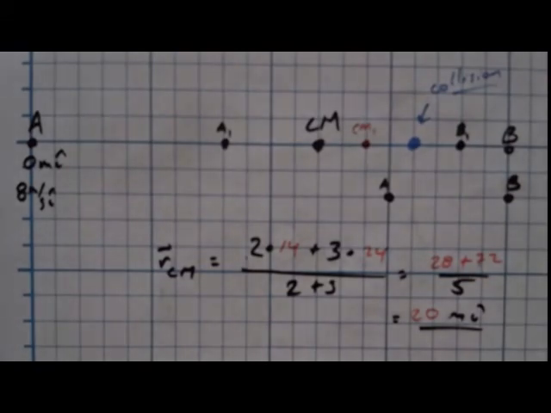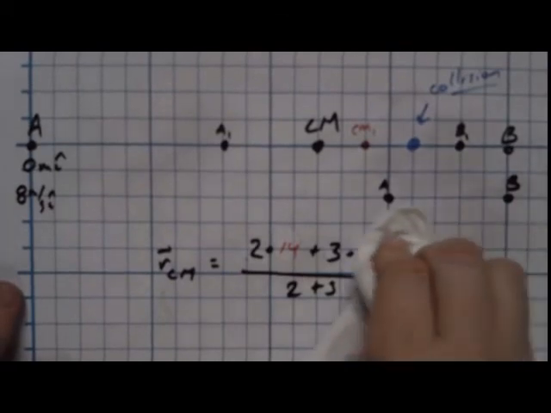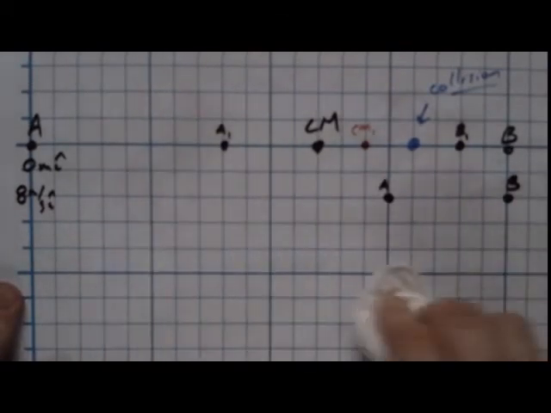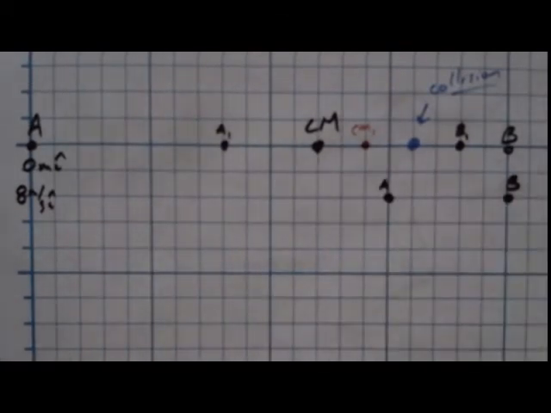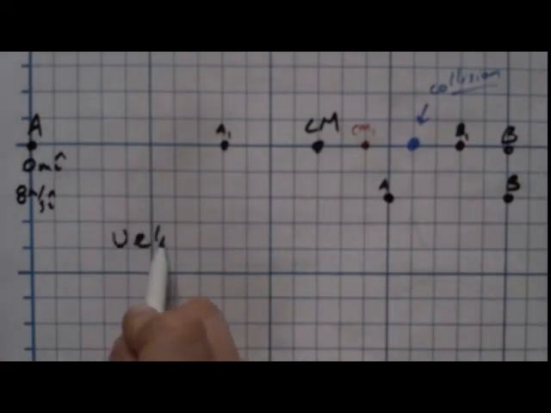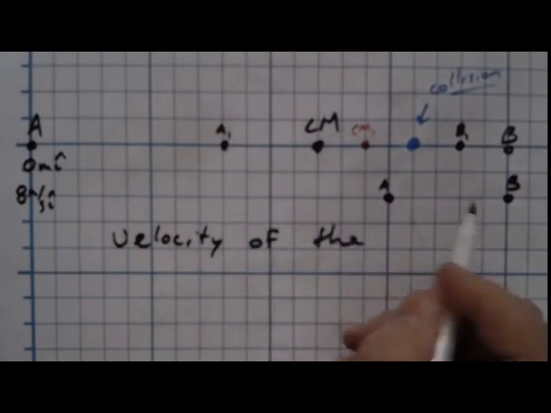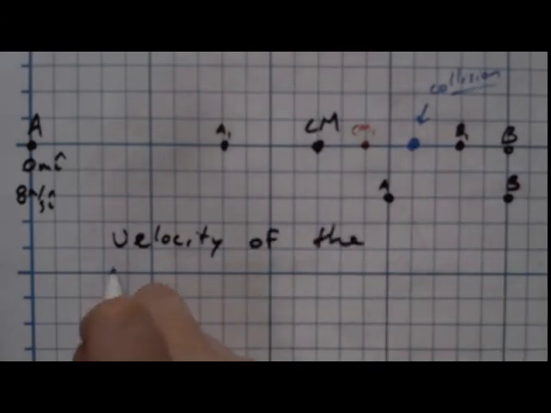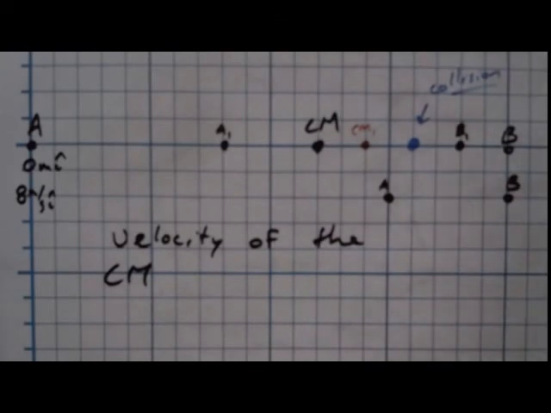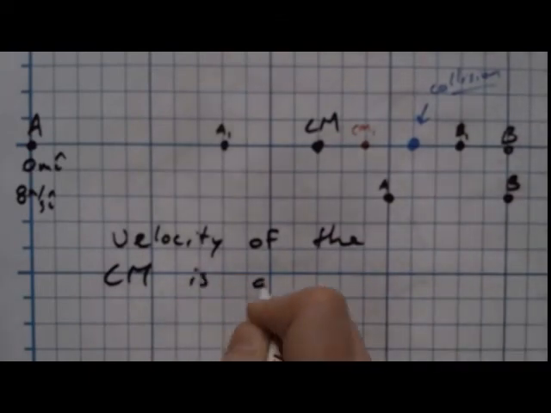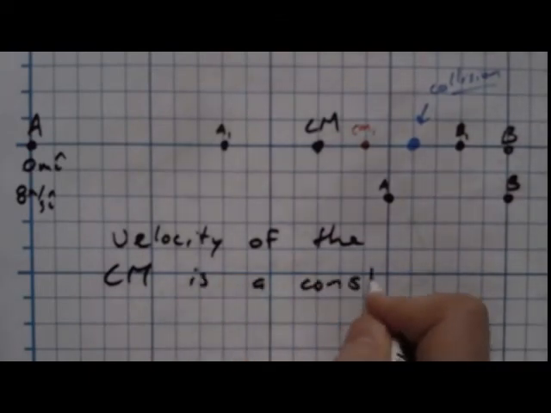Okay, important conclusion from all of this. Write this out. You should remember it and put it in your notes. The velocity of the center of mass, which is abbreviated cm, is a constant.